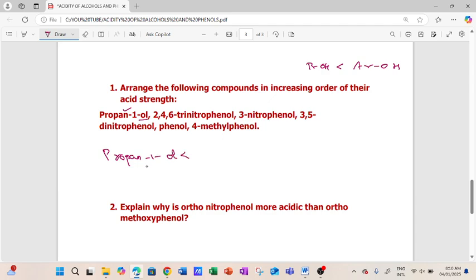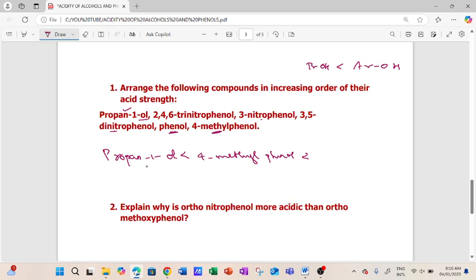This is the least acidic. Then aromatic. We studied that withdrawing group is most acidic, releasing group is less acidic. 4-methyl is releasing. So that will be after propan-1-ol. 4-methylphenol. Then the remaining compounds like trinitro, 3-nitro and 3,5-dinitro.